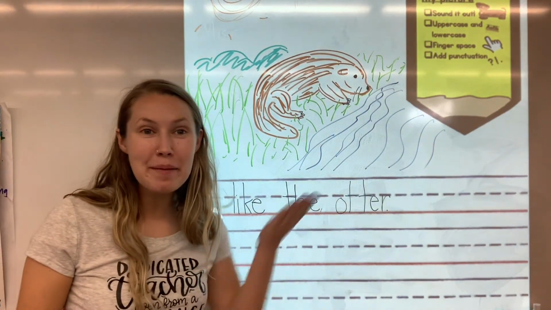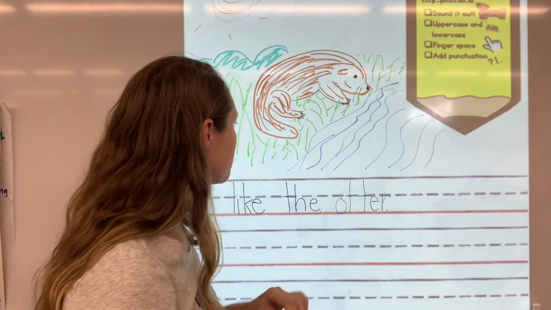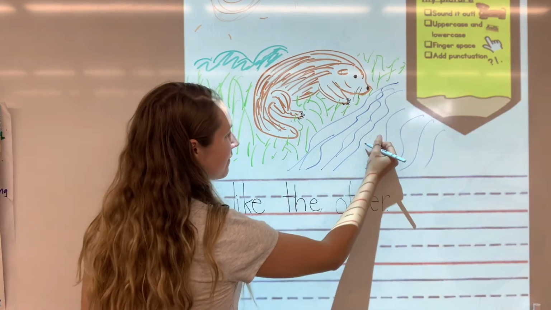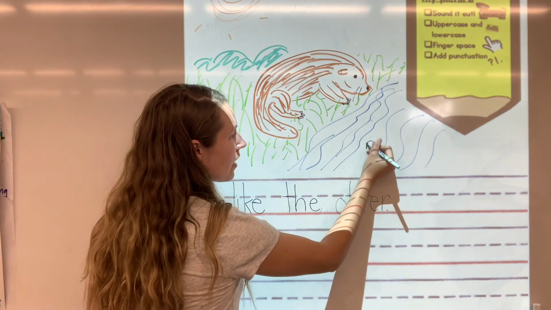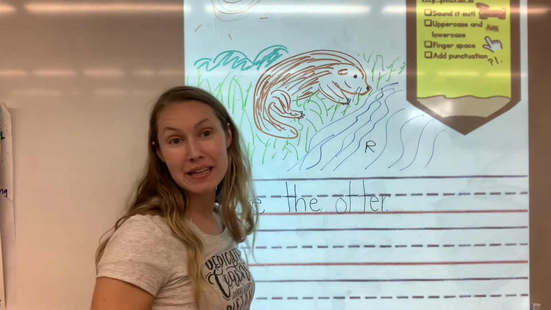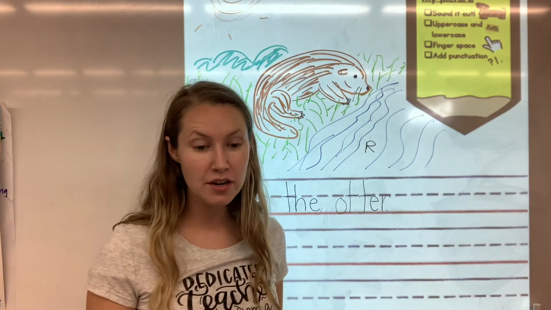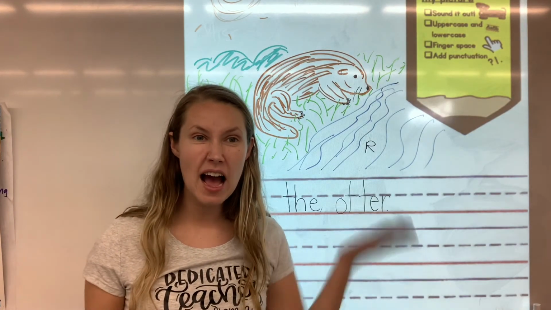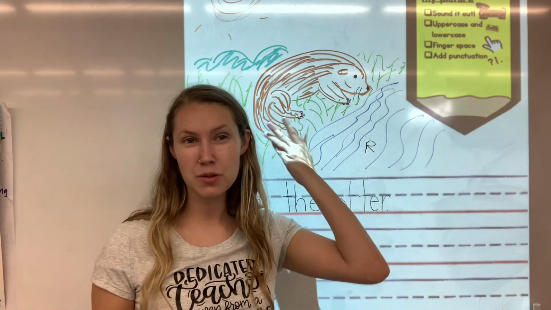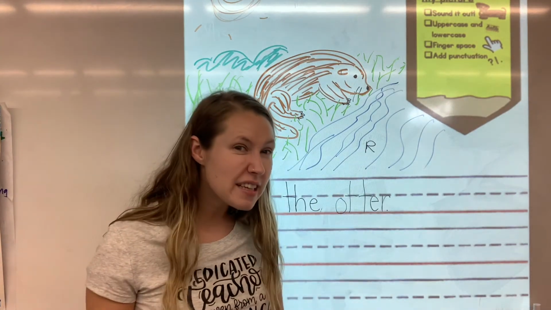Okay, so here's my picture of the otter, and I'm also going to add some labels to it. So I have an R for river. I know that otters like to play by the river, and sometimes they live in the ocean, but some otters live in a river. So I think that I'm going to have this one be a river because I also have grass, and a lot of times there isn't grass near the ocean, there's sand.